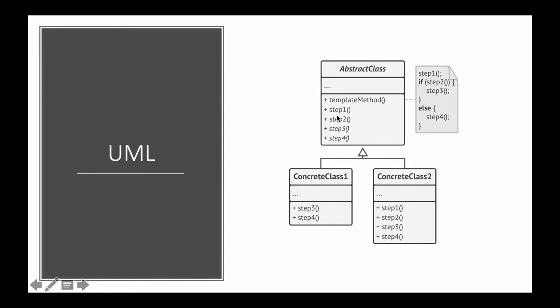So you will define all these steps, like call step 1, if step 2 is true, then call step 3, else call step 4. Now you can provide a default implementation for these steps to provide a default way of executing the algorithm, but on the other hand you also let the consumers of this template define their own steps so they can modify the algorithm at certain touch points to get their own flavor of what they are trying to do.